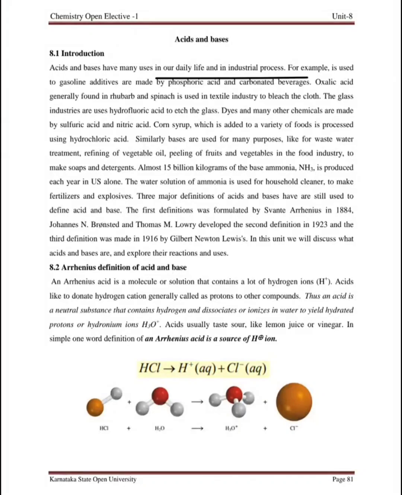Glass industries use hydrofluoric acid to produce glass, and dyes and many other chemicals are made using sulfuric acid and nitric acid. These are what we use in daily life, such as acids or bases, and these are some of the examples given here.